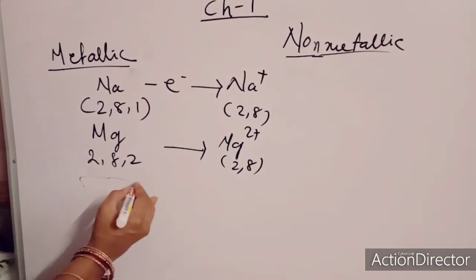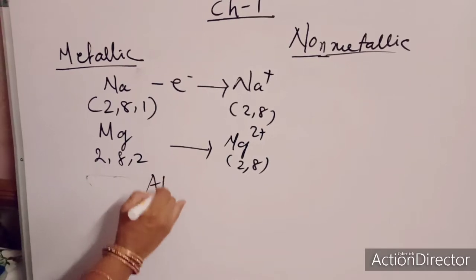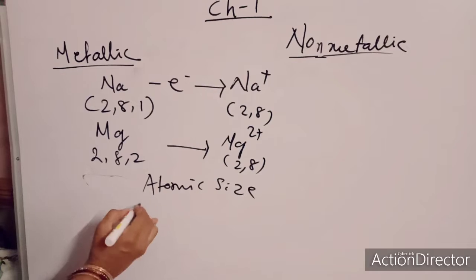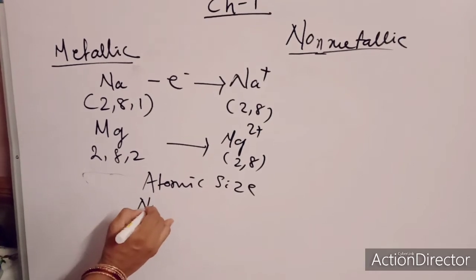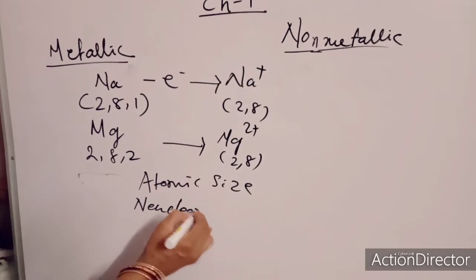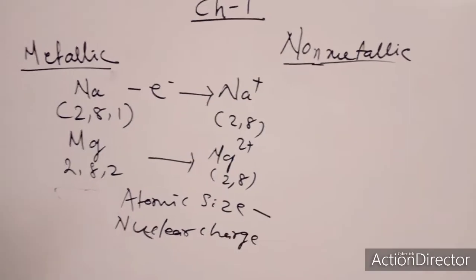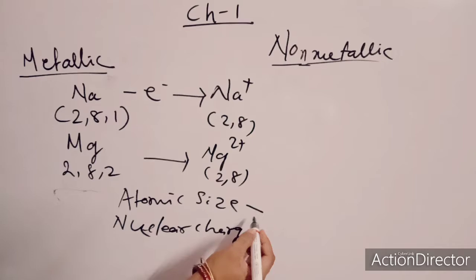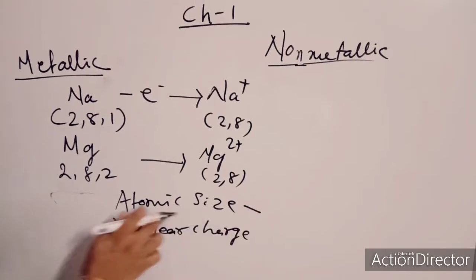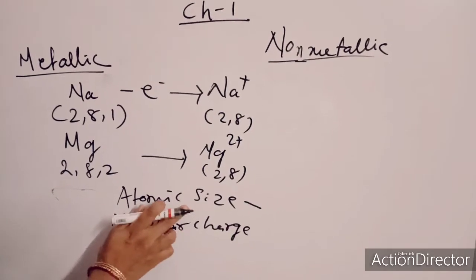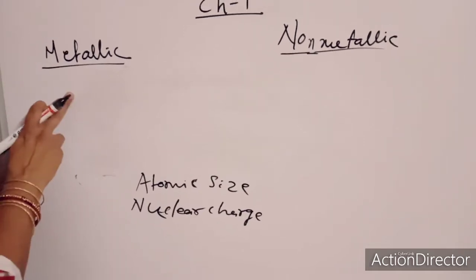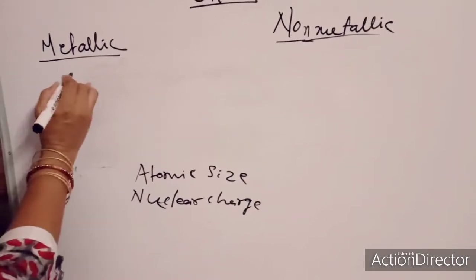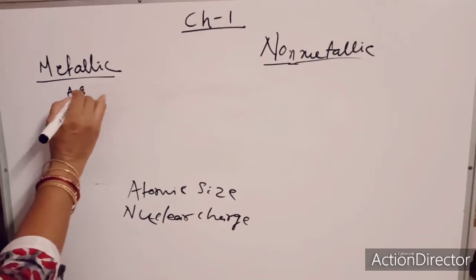This character depends upon two factors: atomic size and, second, nuclear charge. According to atomic size, which we already discussed, first I am considering atomic size. Suppose atomic size increases.